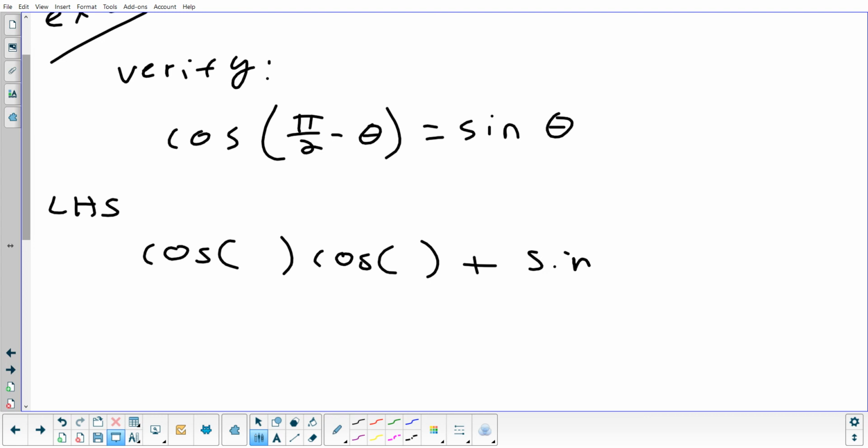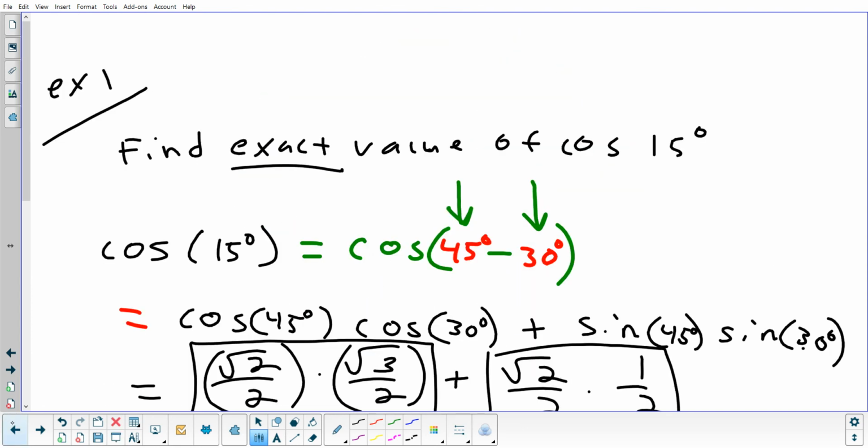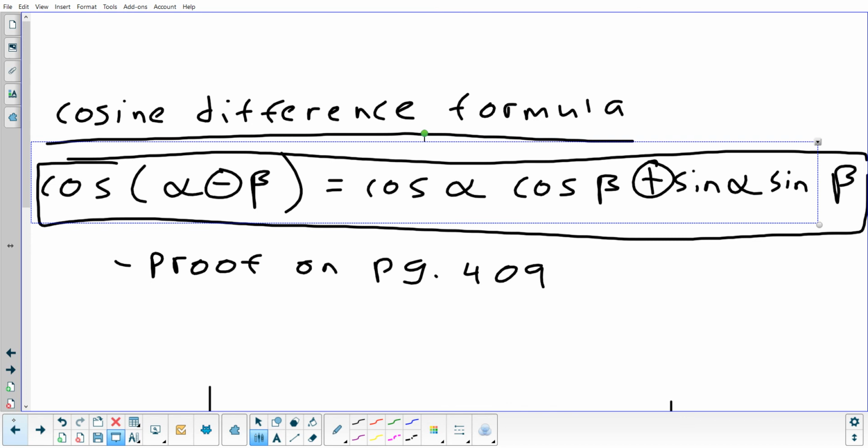So I'll just write the formula first. Cosine, sine, sine. And what am I going to fill in my first parenthesis? Pi over 2. What am I going to fill in the second one? Pi over 2. No. I'm lost. All right, let's go back and look at our identity.